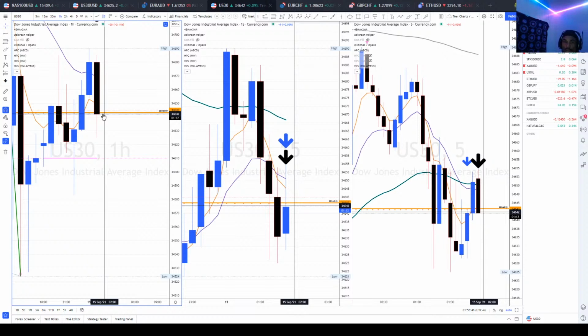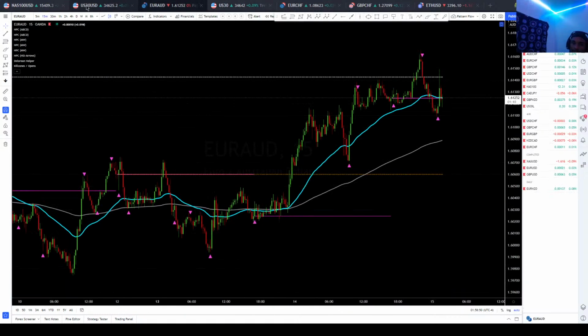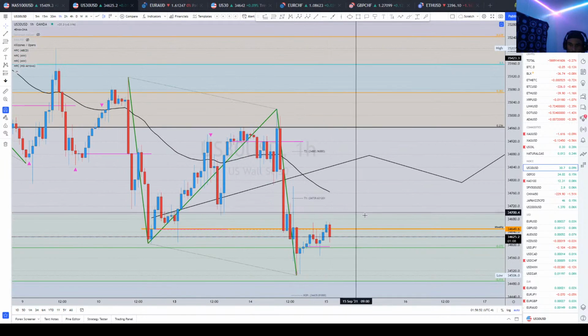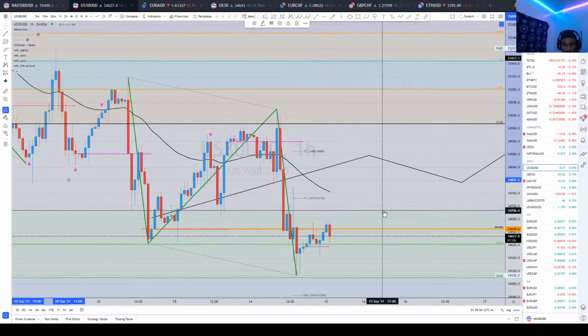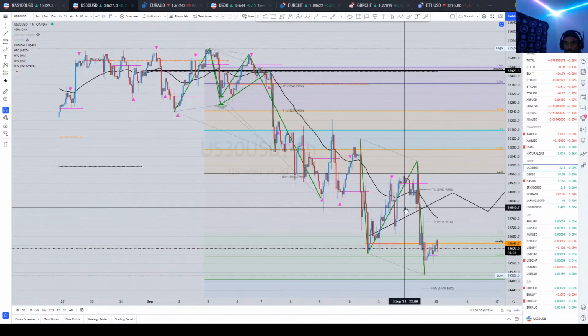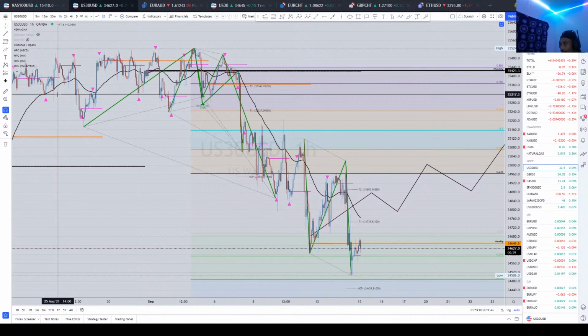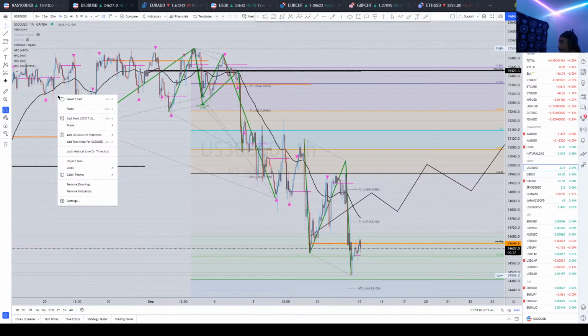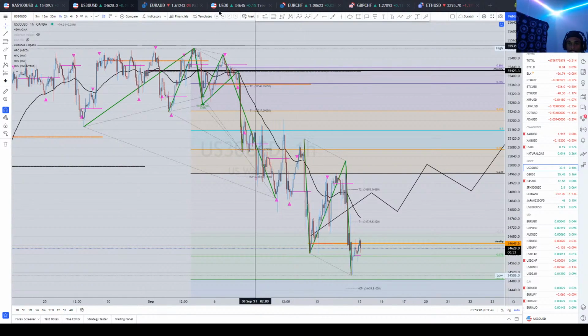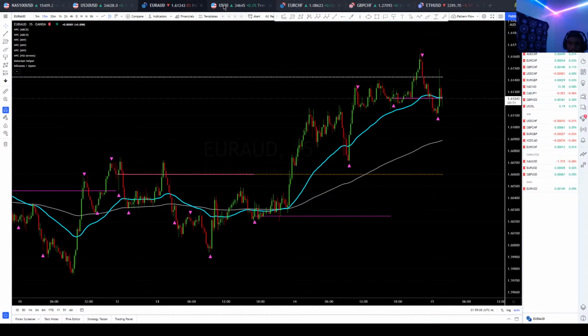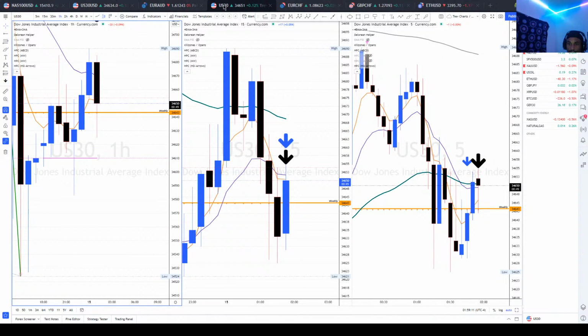So my bias is bears. So instead of just sitting here and waiting, you know, where can price go? What is the next move? And to be able to really see where the next move is, we have to see where it came from. Well, hold on, let me be sure, because it looked like it.